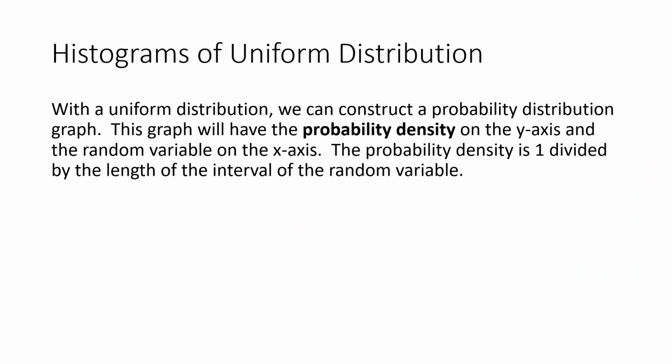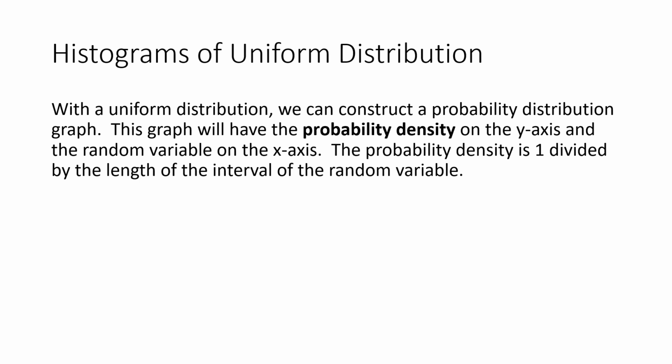All right, so for the histogram of uniform distribution, it's actually quite simple. The shape is basically going to look like a rectangle, just like what it looked like for the discrete random variable probability distribution. Right?